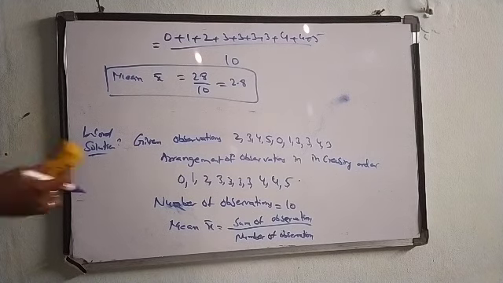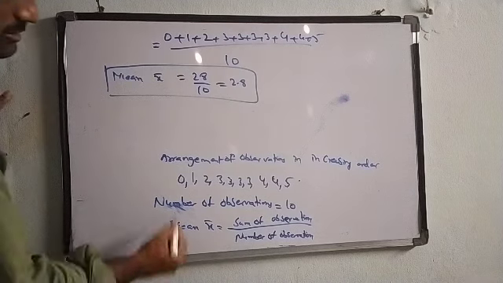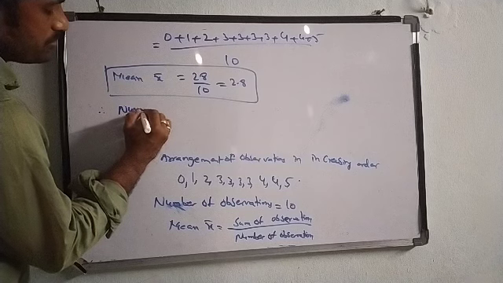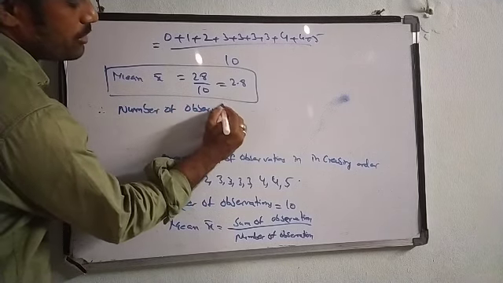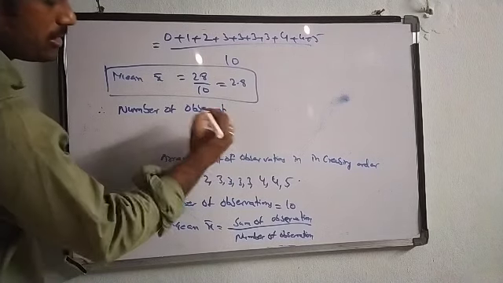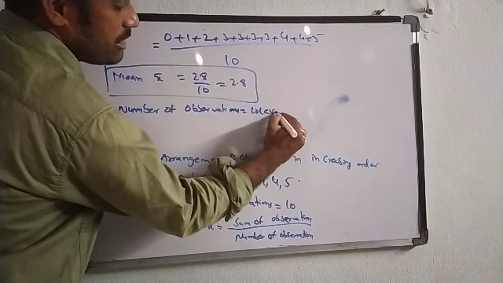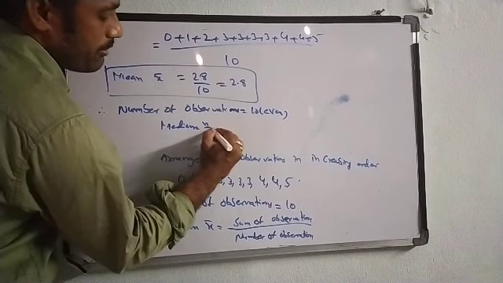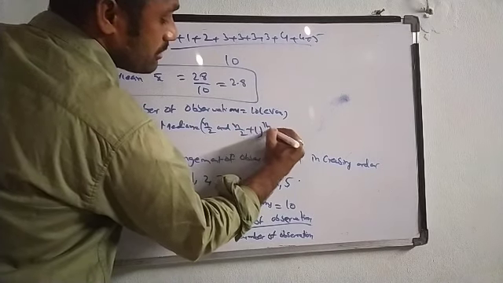Next we will find out the median. Since the number of observations, this is the second scenario. We are not going to write these two steps, the given observations and the arrangement of the observations in increasing order. Number of observations is 10, which is even. So the median is the n by 2 and n by 2 plus 1th term average.